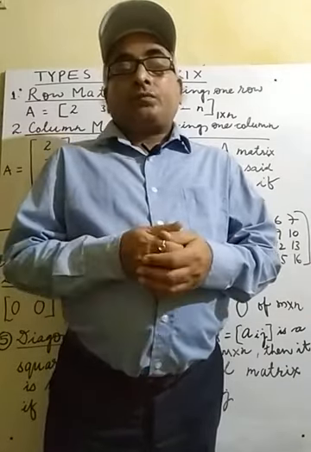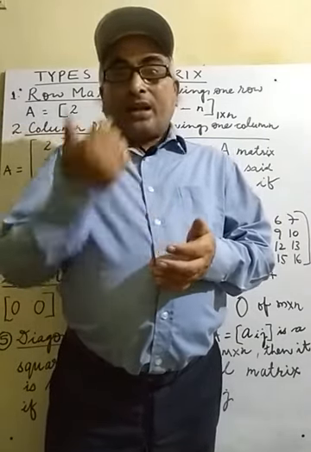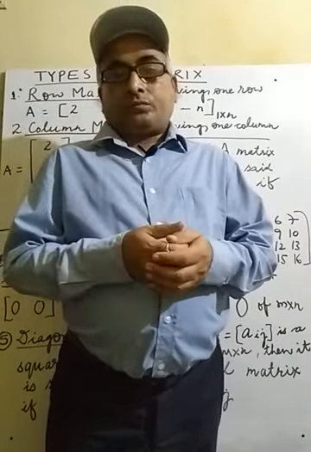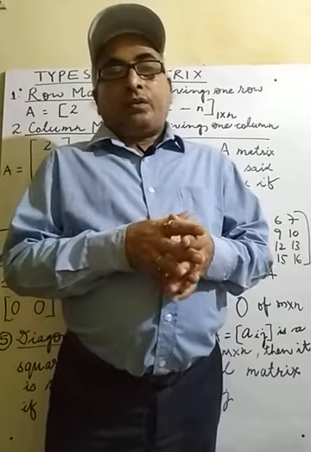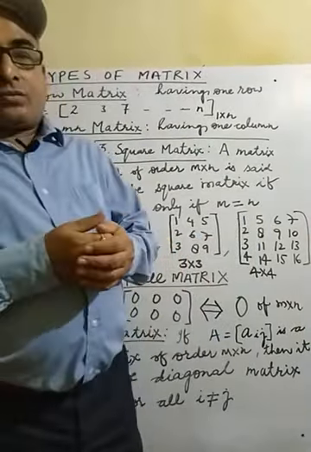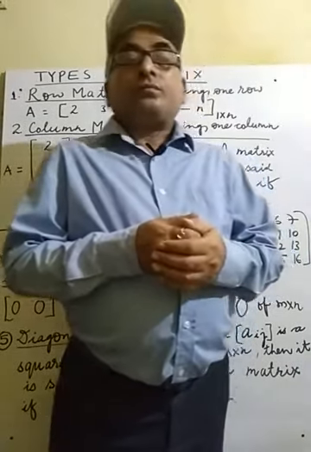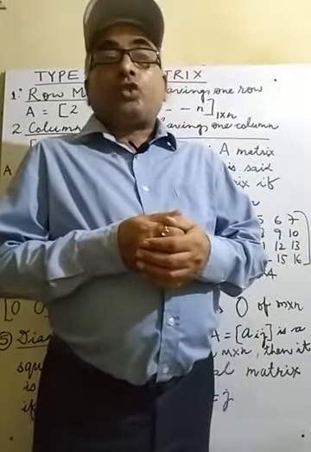Third one is zero matrix, or you may say null matrix. Next one is square matrix. Next one is diagonal matrix. Further it is scalar matrix. Next one is unit or identity matrix. And the last one is equal matrix.